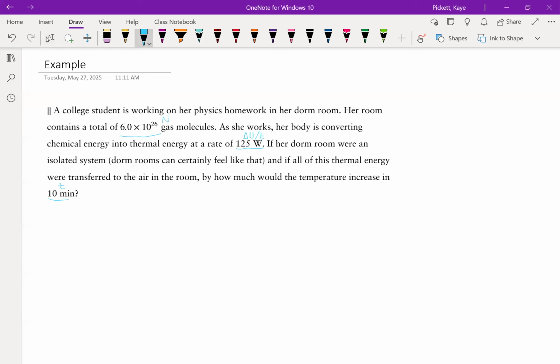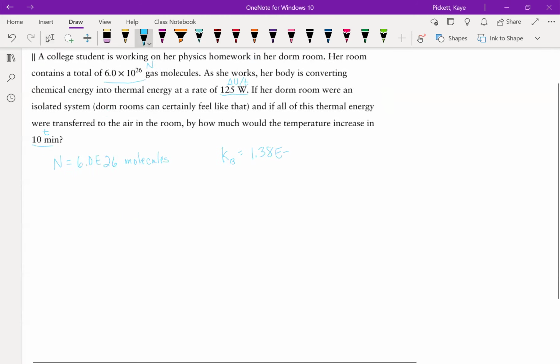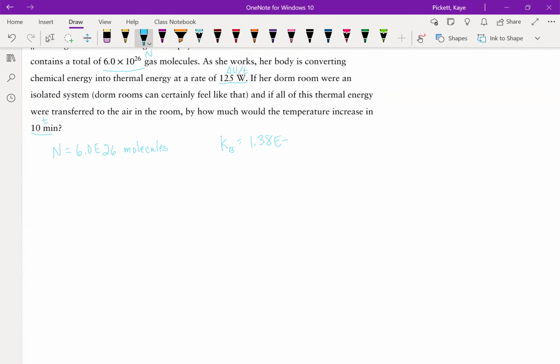So now we need to do a little bit of work. Our N is 6.0 times 10 to the 26th molecules. And since I'm dealing in molecules, chances are I'm going to be using the k value, or k_B, Boltzmann's constant, which is 1.38 times 10 to the minus 23 joules per Kelvin.